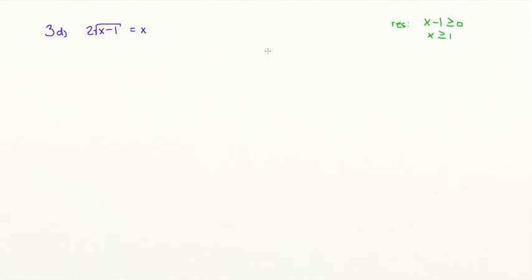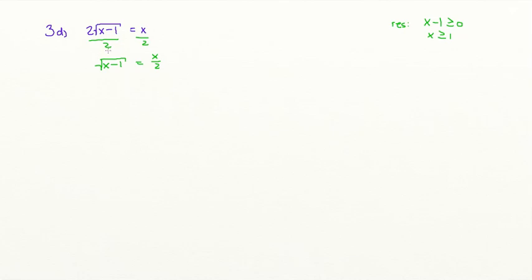Best way to do this is to try to isolate the square root first. So I'm going to divide 2 on both sides. So I'm going to get the square root of x minus 1 equals x over 2. The reason why is if I'm squaring this and I have other numbers around that square root sign, it sometimes makes it very messy.